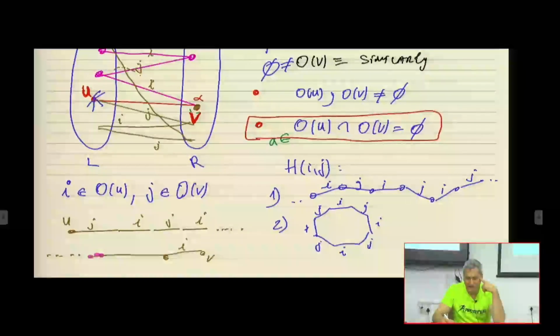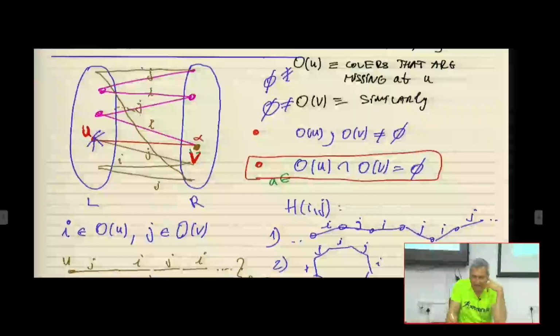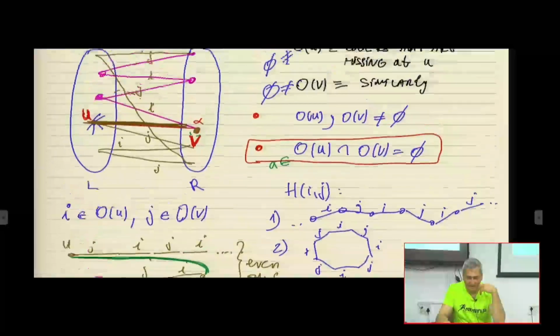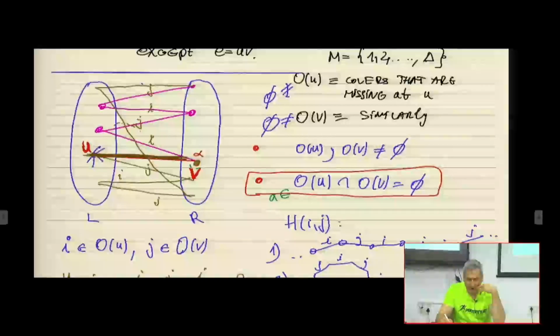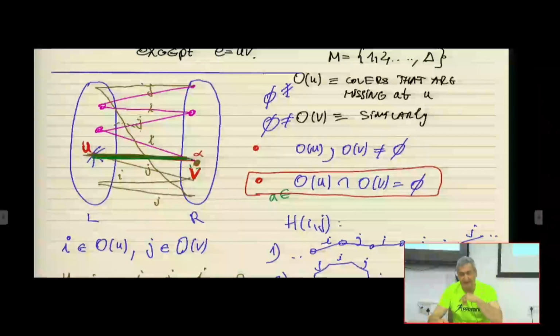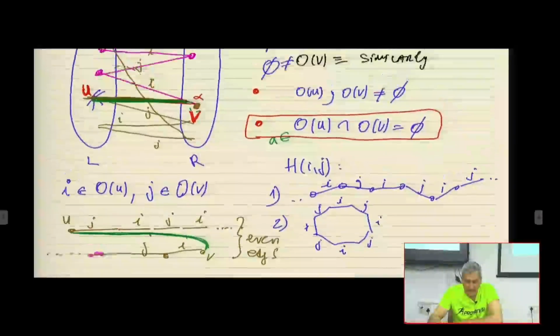JI, JI, JI, JI, an even number of edges. Then I take this additional edge, and I made a cycle, this purple-brown thing, and when I put this green edge, I get a cycle of what length? Odd length, and that's a contradiction because it's a bipartite graph. So this is not possible.